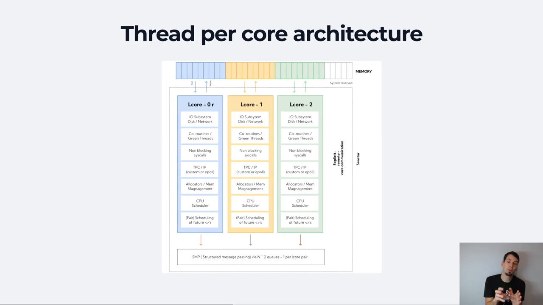Seastar has its own user space scheduler implementing cooperative multitasking, so your code can explicitly yield control to the scheduler. The framework forces application developers to use shared nothing architecture, where shards do not share memory, and hence they do not need to use locks in the classical sense.